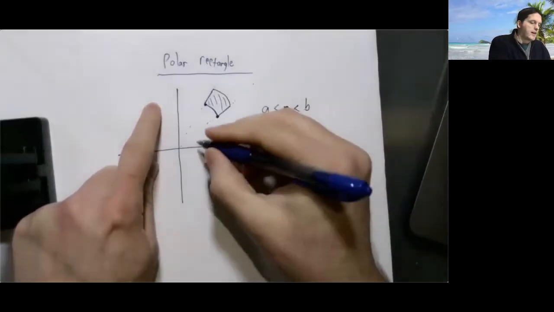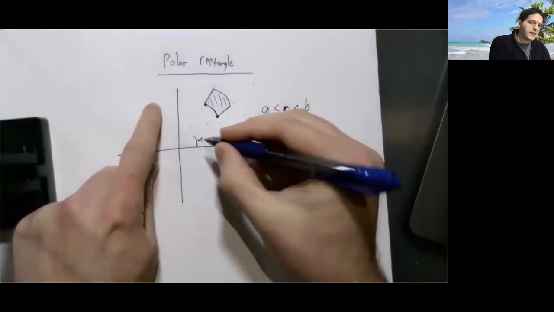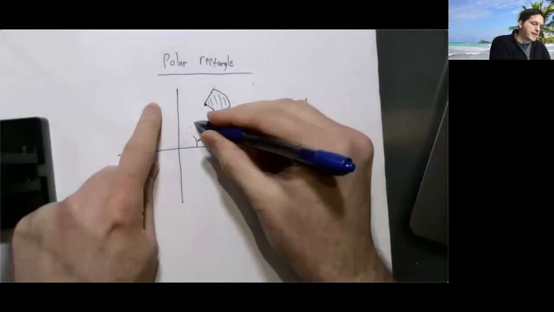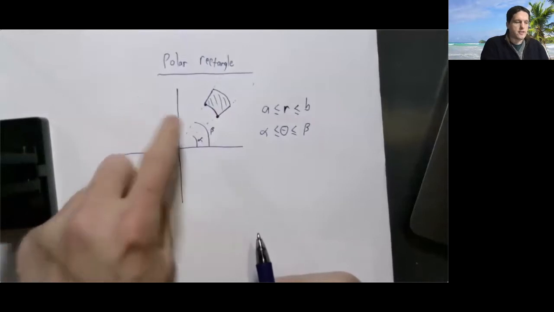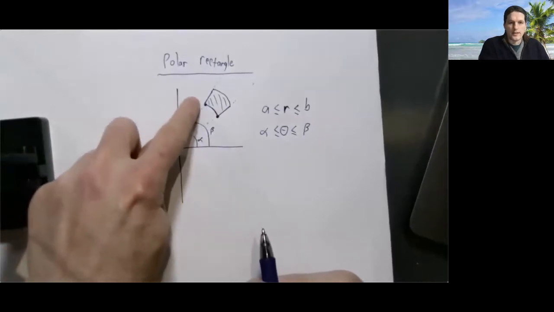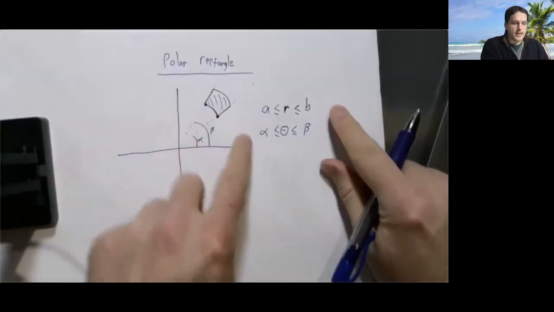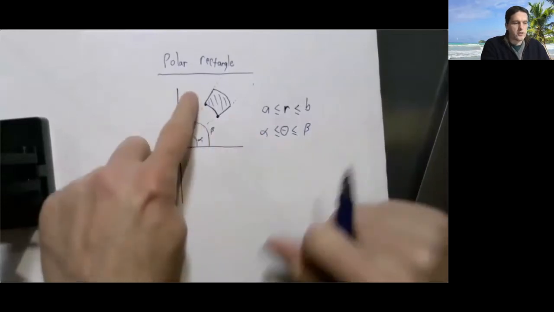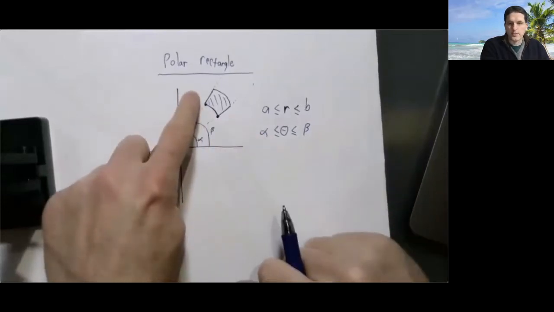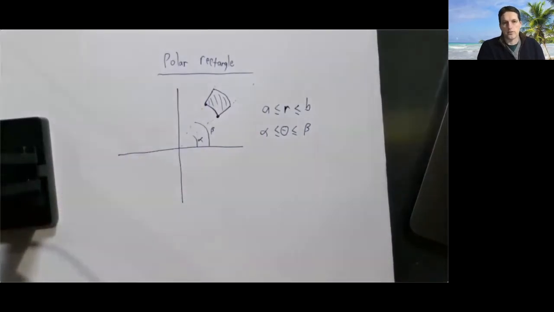So alpha is this angle here, and beta is this angle here. And polar rectangles like this are going to play an important role when we do integration using polar coordinates.